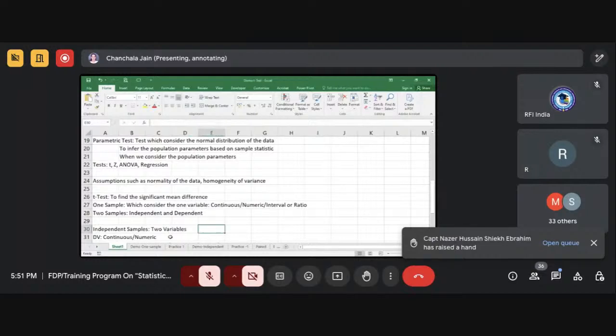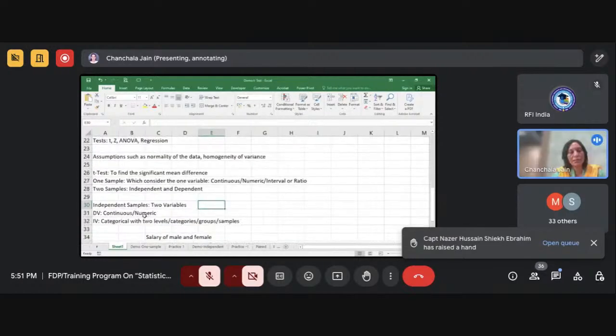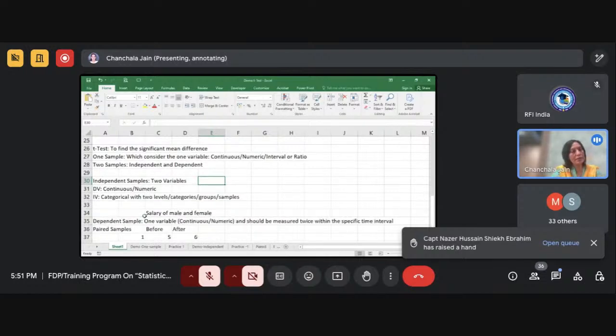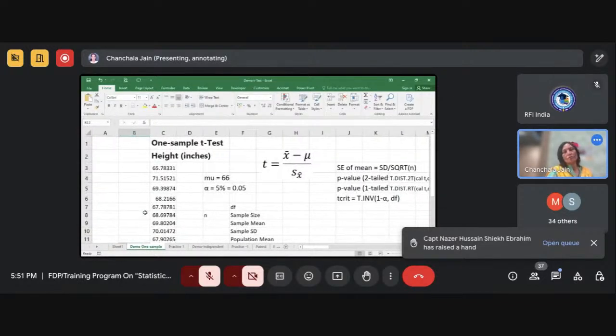Fine. If the concept is clear till here, we can now go for performing the t-test using Excel. There you need to go to the sheet named demo 1 sample. I expect everyone to open the sheet. Shall I start?